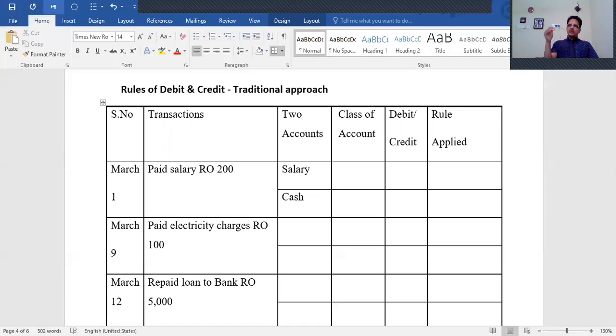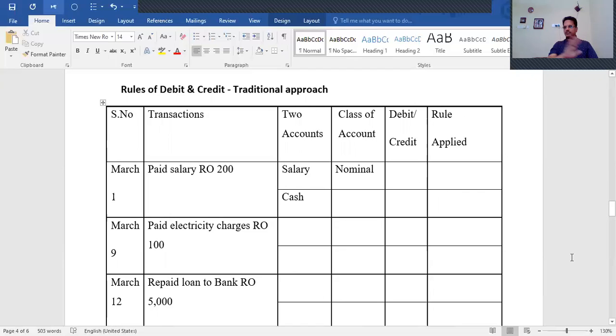Personal account is accounts of persons, companies, banks or any other associations or organizations. Real accounts are the accounts of assets and properties. And nominal accounts are the accounts of expenses, losses, incomes and gains. Now you have to check, salary is an expense, so it is nominal account.